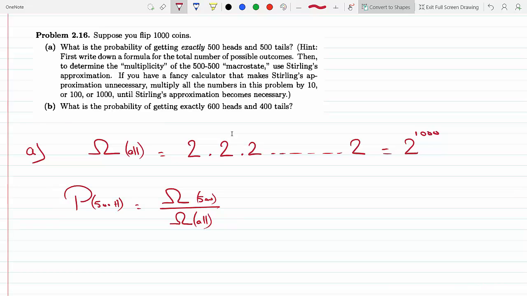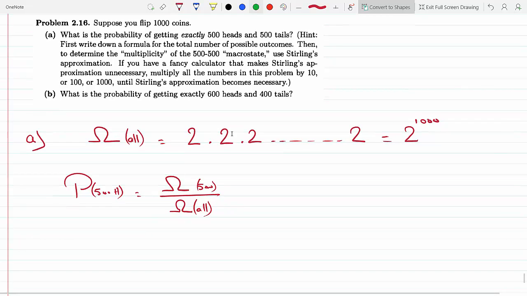And we've already derived that, actually, let's just use the formula as is. That is equation number 26 in your book to get the multiplicity of 500. So let me write it down.